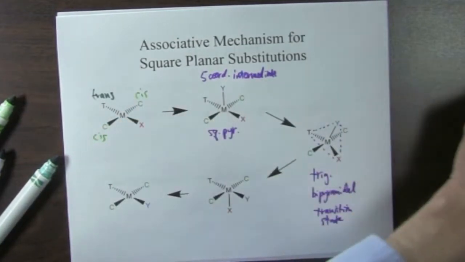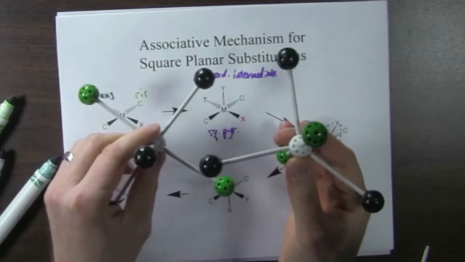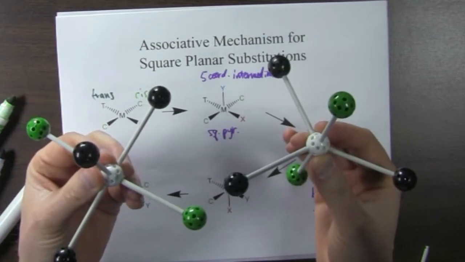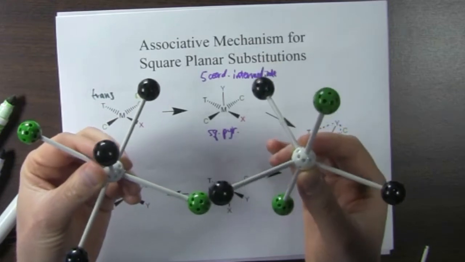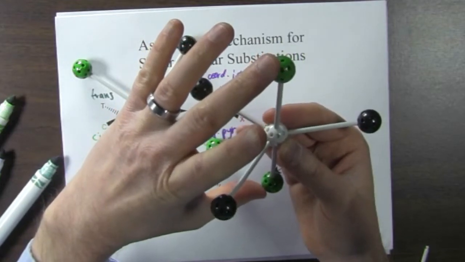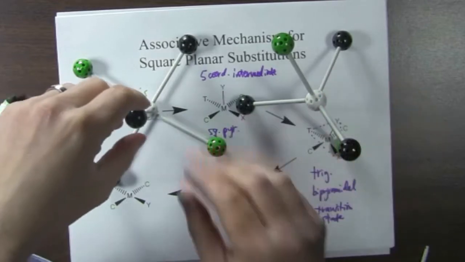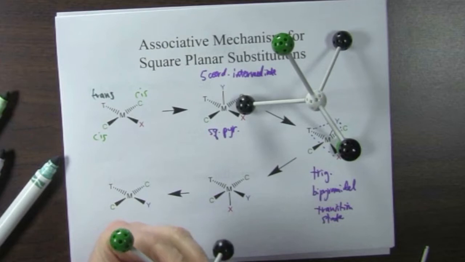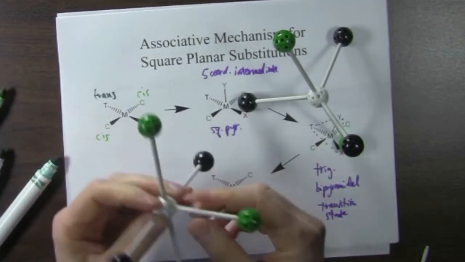However, that's not the only option. The transition from a square pyramid to a trigonal bipyramid actually does not cost much energy. And you can see that ligands that were in the axial position of the trigonal bipyramid can end up in, so I'm breaking bonds, but we're not actually breaking bonds going through here, we're just rotating bonds.